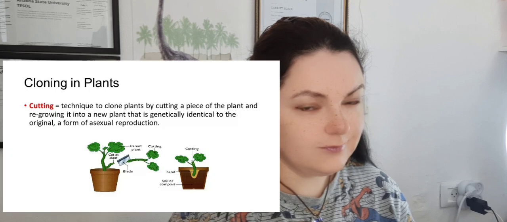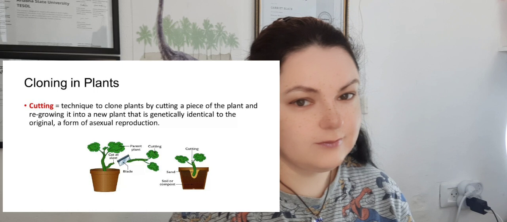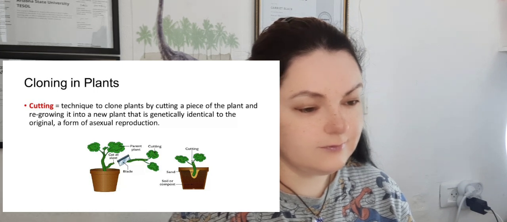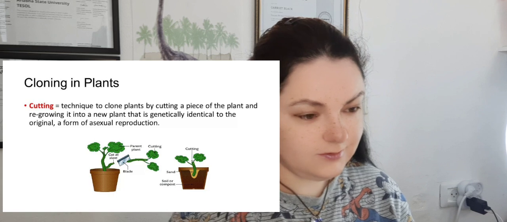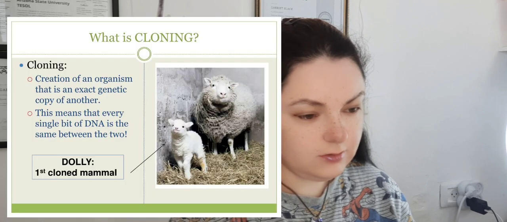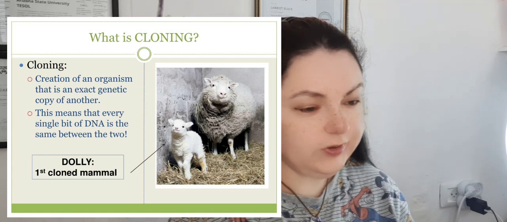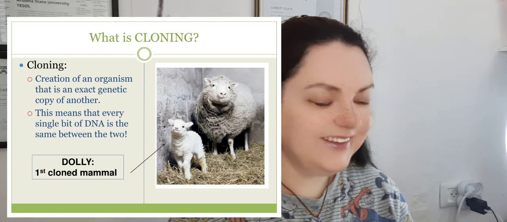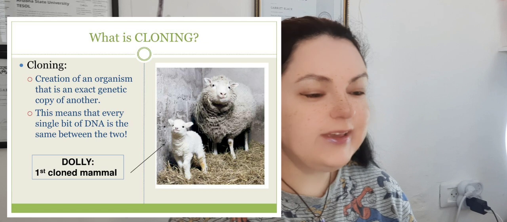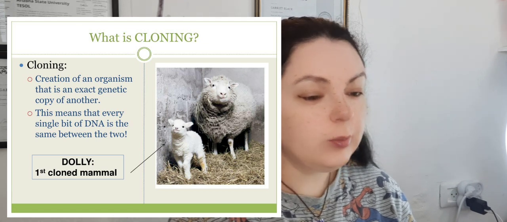Connected cloning, such as animal name, sheep. Sheep, Dolly. You mean Dolly? Yes. I know it. Genetic engineering can be used in cloning to replicate specific genetic traits.